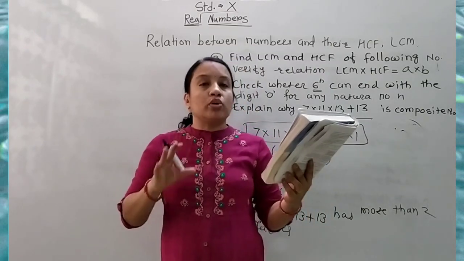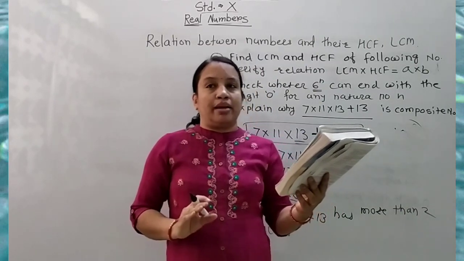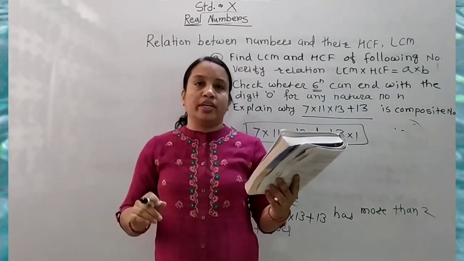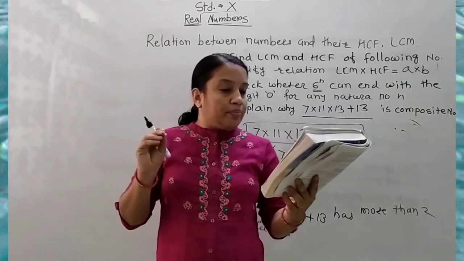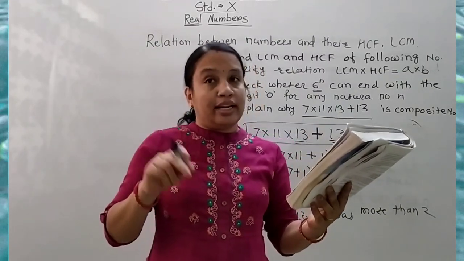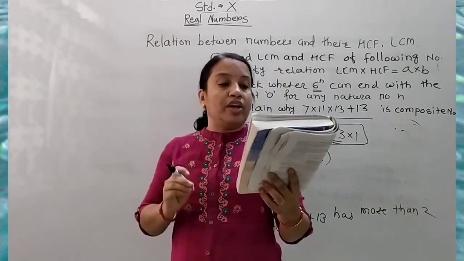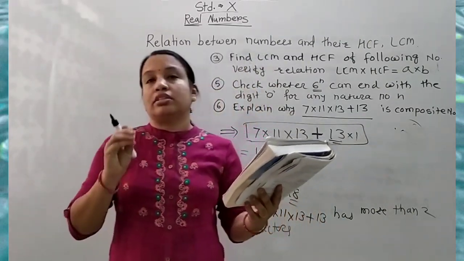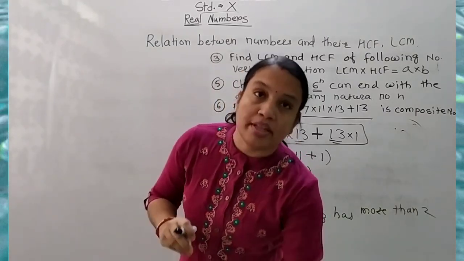Suppose they both start at the same point and at the same time. They have started from the same point and at the same time they have started running. Okay. So they are going in the same direction. After how many minutes will they meet again at the starting point?